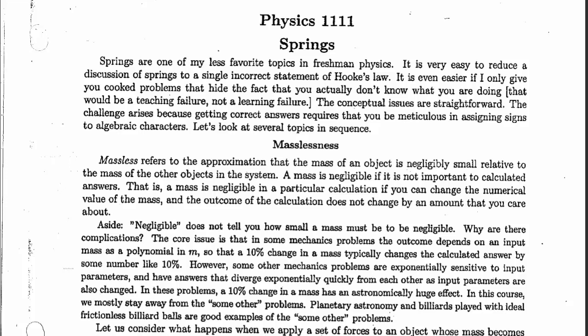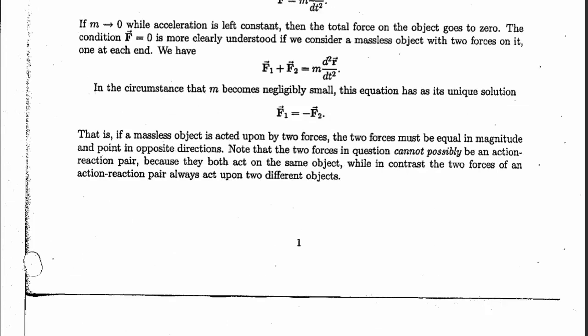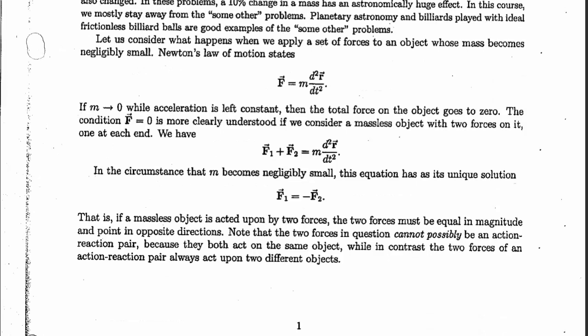Okay, so let us consider what masslessness means in practice. Suppose we apply a set of forces to an object whose mass becomes really tiny. Newton's law of motion tells us that force equals mass times acceleration, doesn't it?